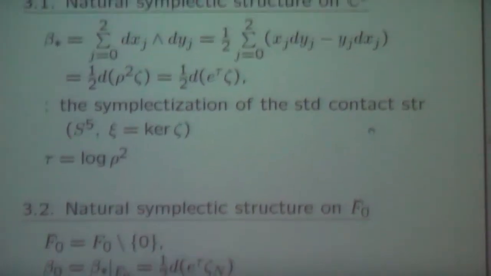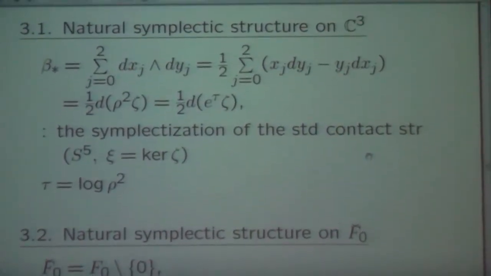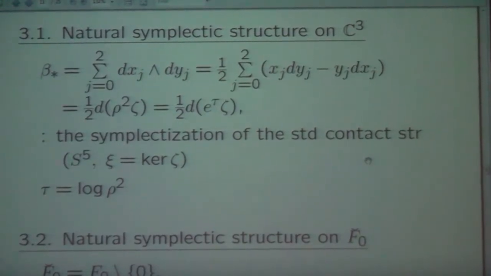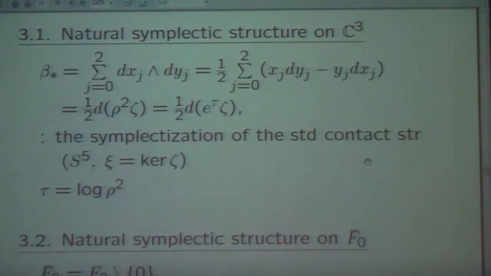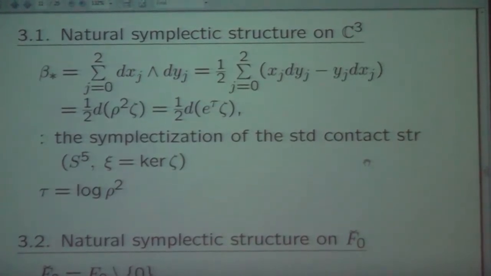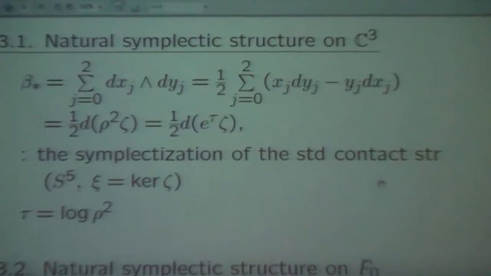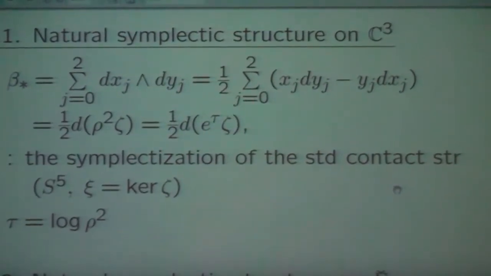The exterior derivative is missing, but the x dy minus y dx is a standard Liouville form on C3. But if you restrict that one to the unit sphere, that really gives you a canonical connection form for the Hopf fibration.